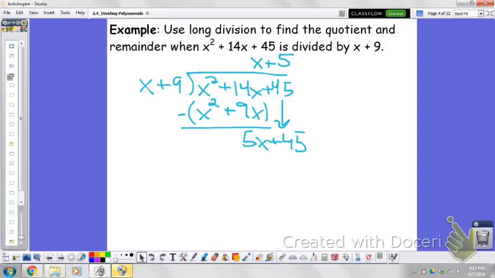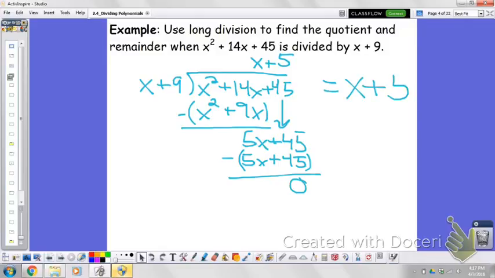Then multiply 5 by x plus 9, which is 5x plus 45. Subtract them, and we'll be left with a remainder of 0. So, x squared plus 14x plus 45 divided by x plus 9 is equal to x plus 5.